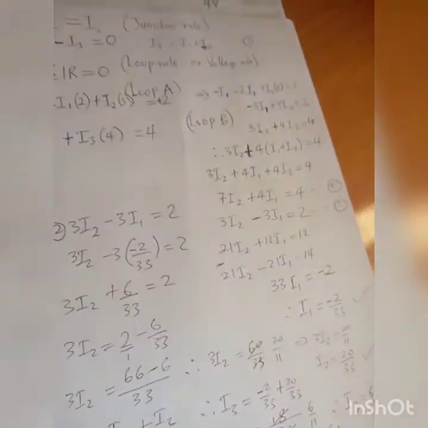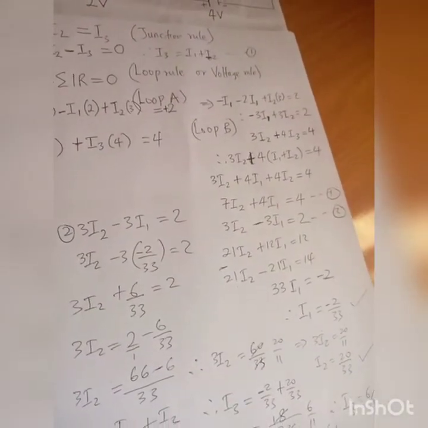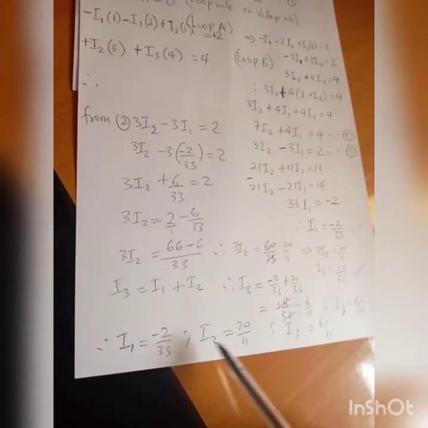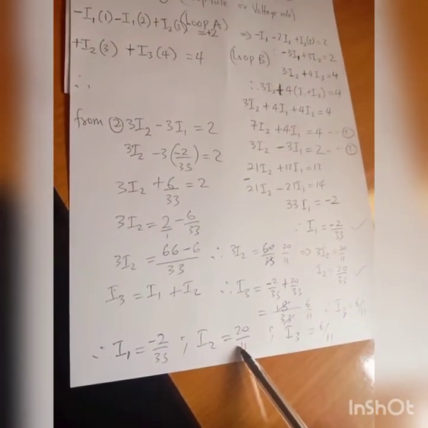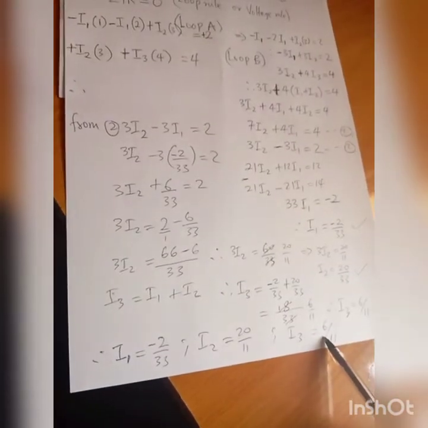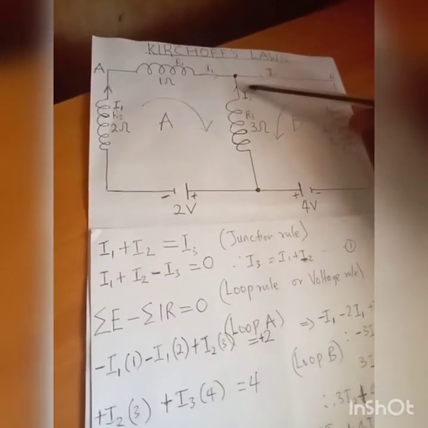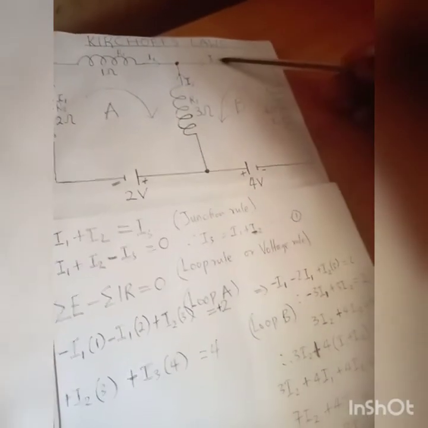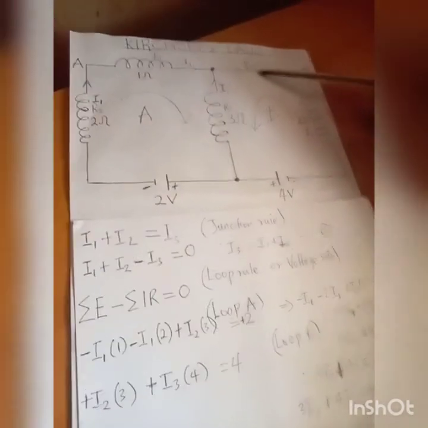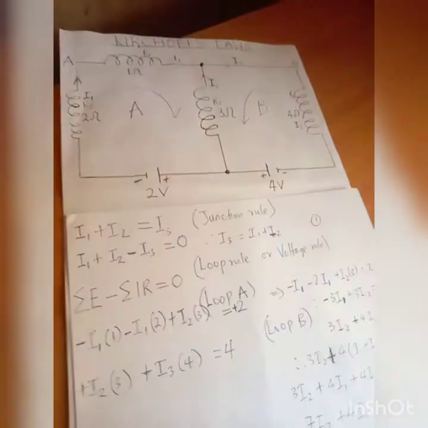Now, after you have gotten your current, if your final current is positive, like this one, I2 is positive, I3 is positive, it means that the direction of the current for I2 is okay, and I3 is okay because they are positive.